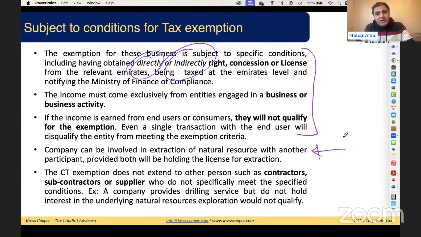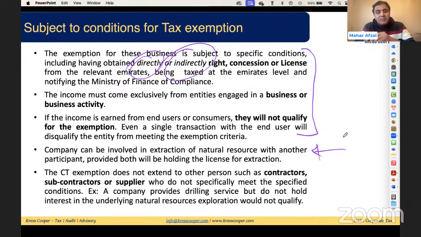It has been written in the guide that if these companies have even a single transaction with the end user, with an individual, or any other party which is not an entity doing business or business activity, they will be out of the exemption list. So this is the fourth condition, and it is only applicable for the entities which are doing non-extractive natural resource businesses.